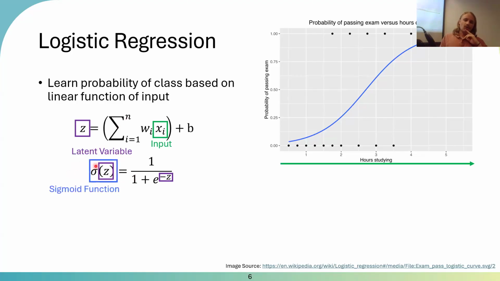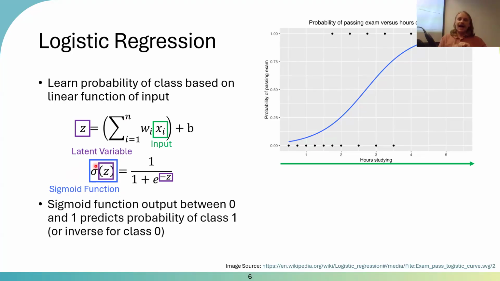which then will be plugged into what's called our sigmoid function, which outputs a value between 0 and 1, representing the probability that that particular input corresponds to the class in question.